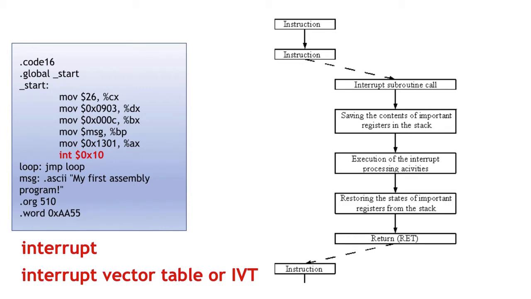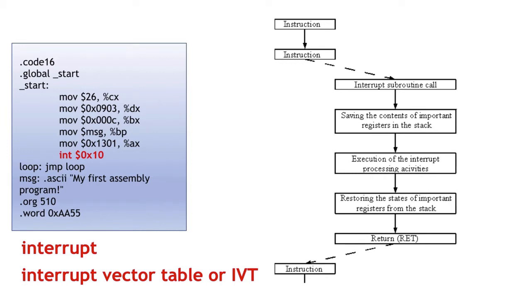Then the CPU searches a table called the interrupt vector table, or IVT, to find the location of the handler and then executes the code inside the handler. Once the interrupt handler finishes, the CPU comes back to execute the next instruction, which it left before the interrupt.